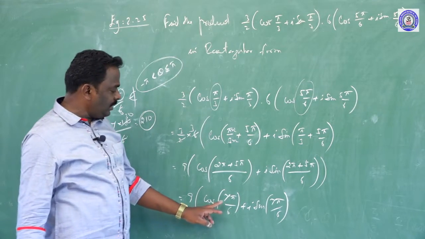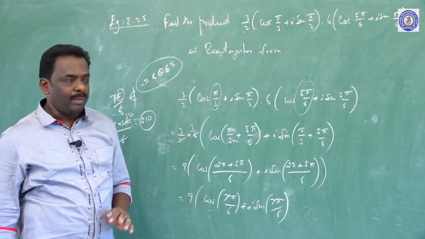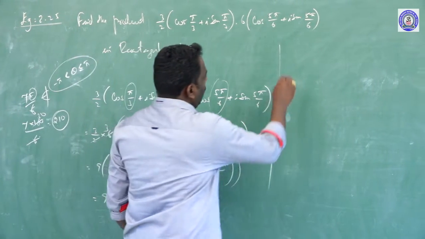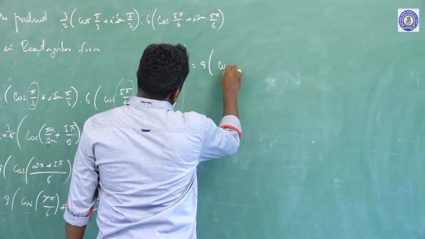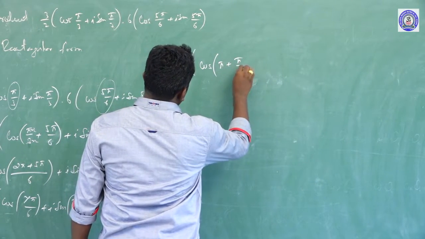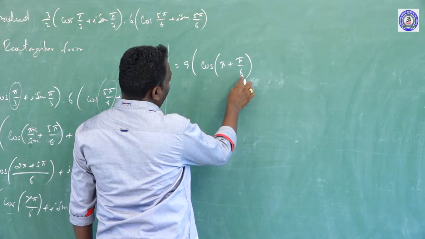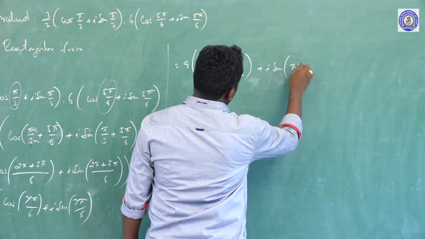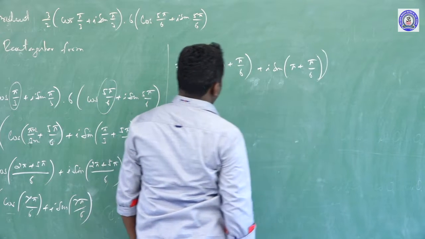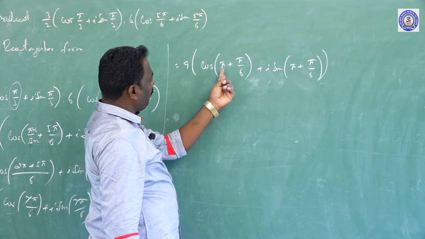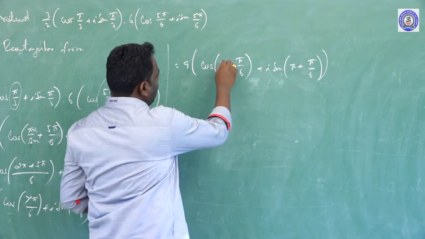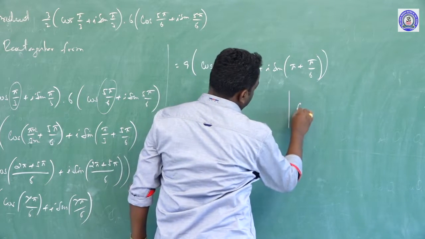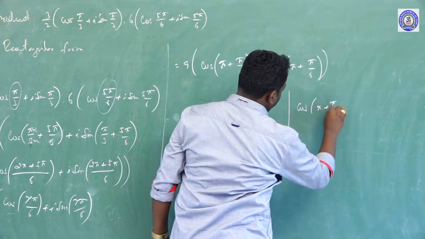So convert 7 pi by 6 into the principal argument. Now splitting 7 pi by 6, that is equal to 9 outside, cos of pi plus pi by 6, taking the common denominator, 6 pi plus 1 pi, 7 pi, plus i into similarly pi plus pi by 6. Convert 7 pi by 6 as pi plus pi by 6. Now comparing this value, it is cos of pi plus pi by 6.